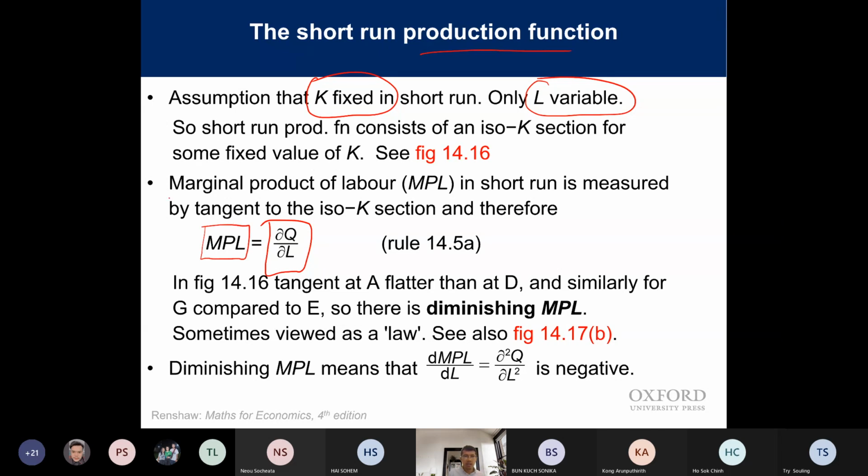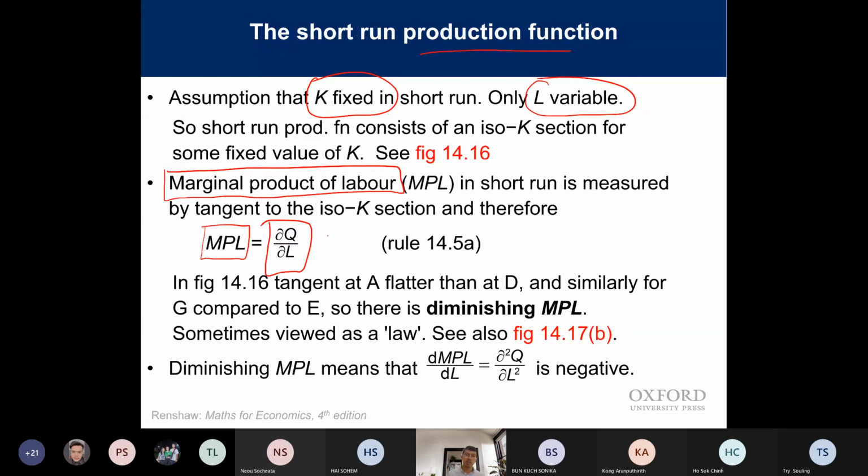MPL here means marginal product of labor, the one I just mentioned a while ago, right? We have marginal productivity. There could be two of them. Okay, marginal product of labor, and the other one must be marginal product of capital, and they are nothing but partial derivatives, right? So marginal product of labor is actually the partial derivative of the production function with respect to the labor variable L, right?